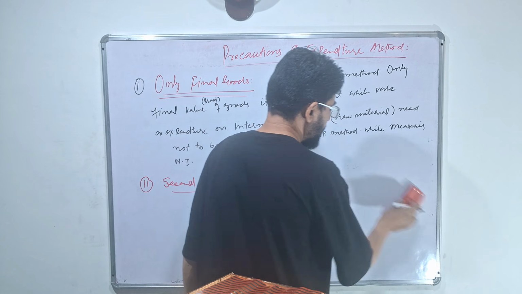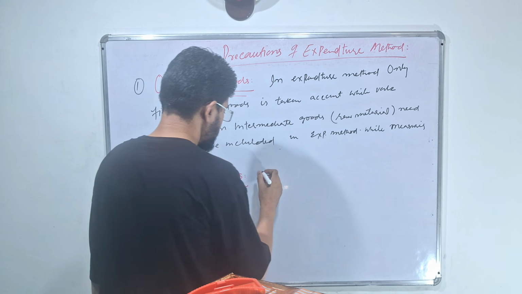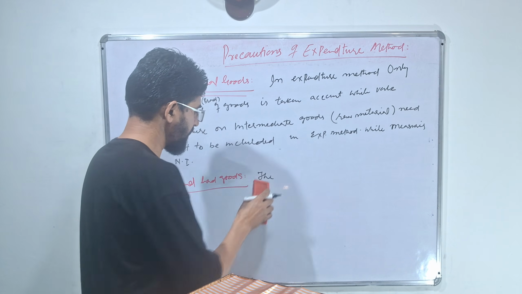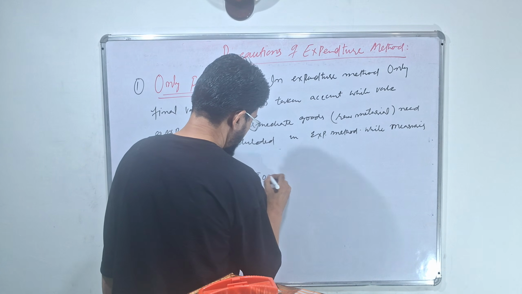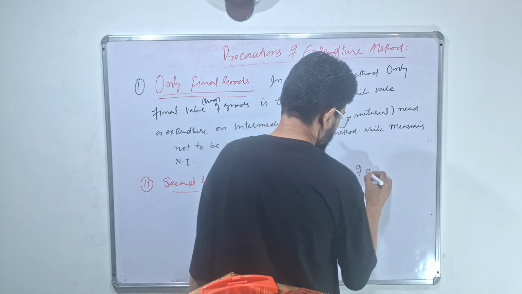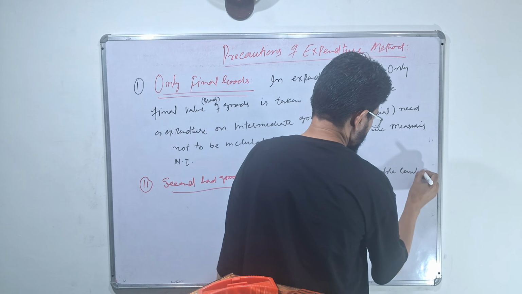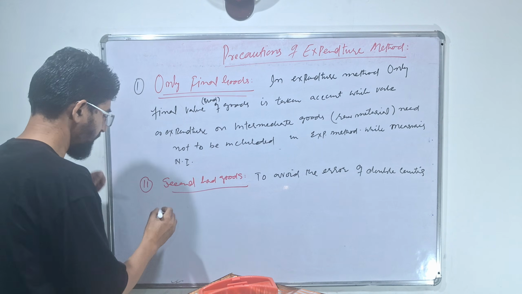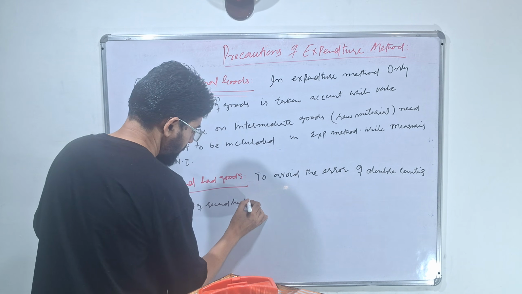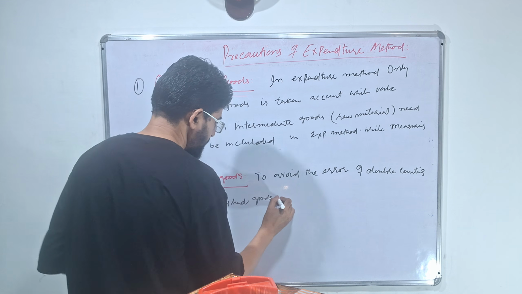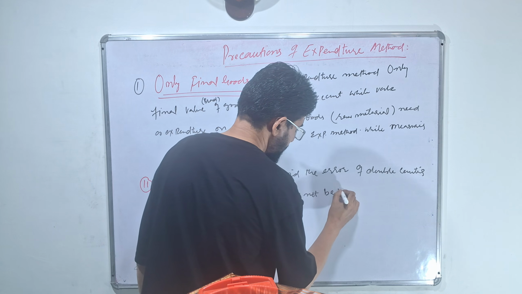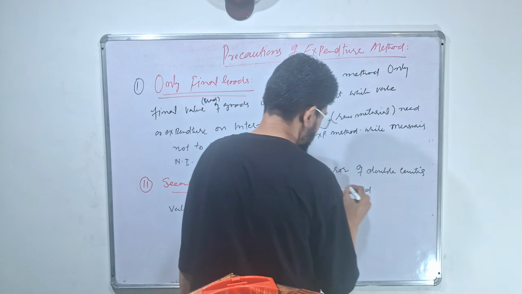We can also write it like this: to avoid the error of double counting, the value of second hand goods need not be included again.